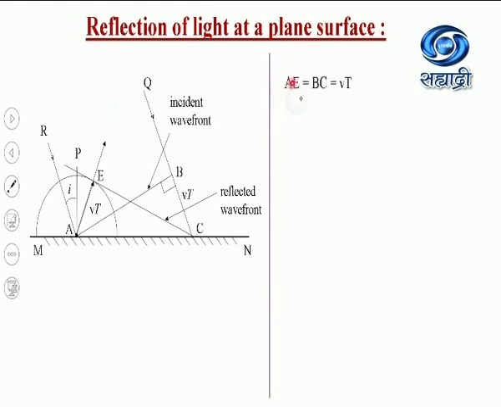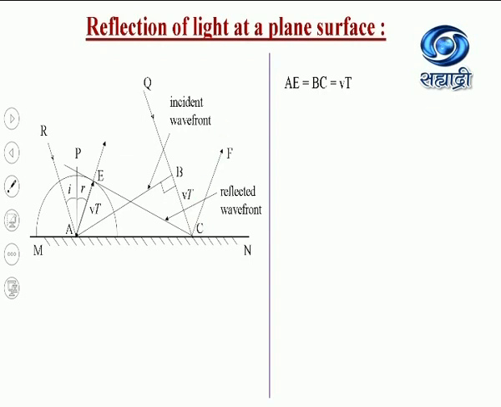So here we have AE is equal to BC is equal to VT. The angle between the reflected ray AE and the normal is the angle of reflection R. Similarly, this QC gets reflected along CF.